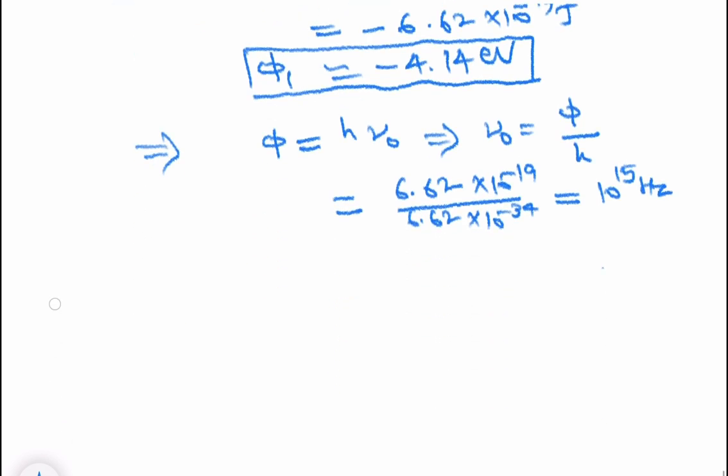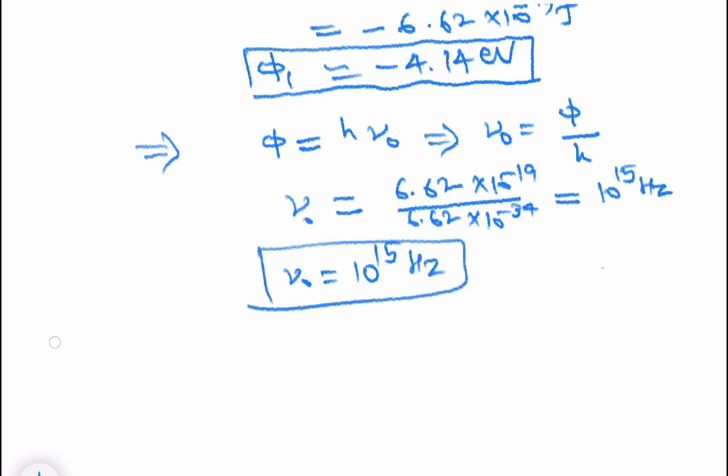So this cutoff frequency is equal to 10 to the power 15 hertz. In this way, we can calculate the cutoff frequency and work function.